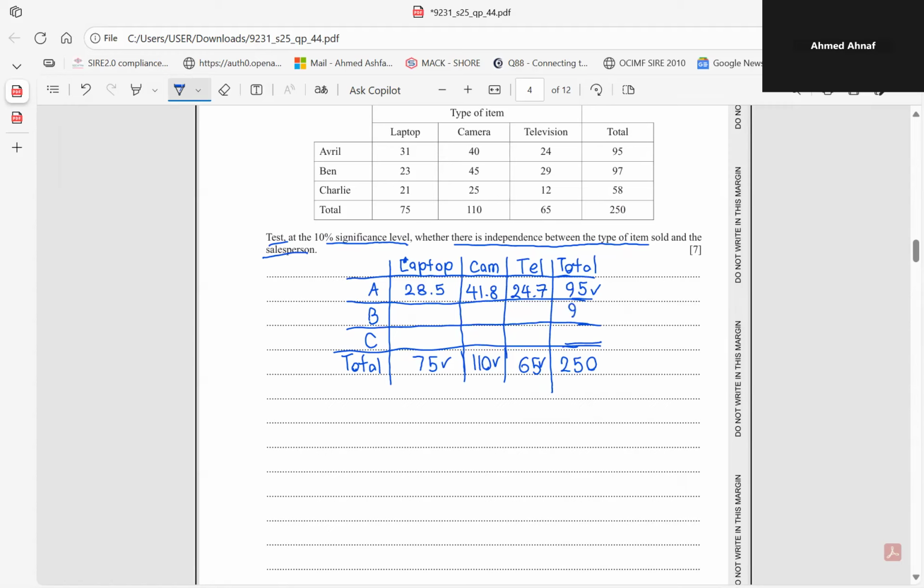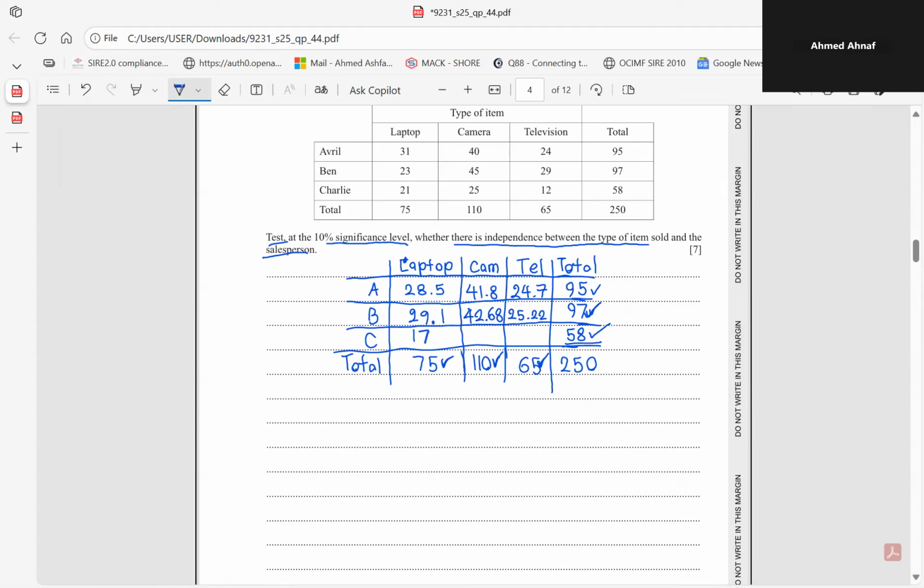Now let's do the remaining rows. 75 times 97 divided by 250 is 29.1. 110 times 97 divided by 250, you get 42.68. And 65 times 97 divided by 250, you get 25.22.